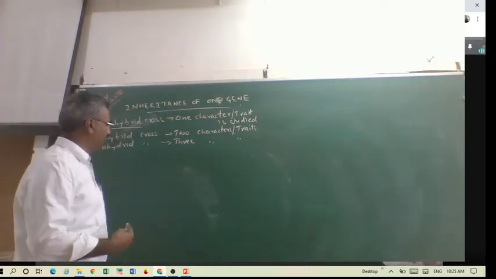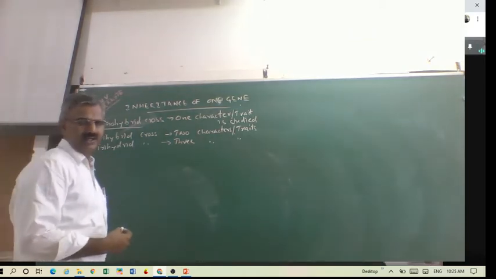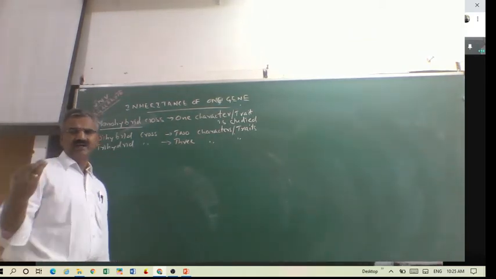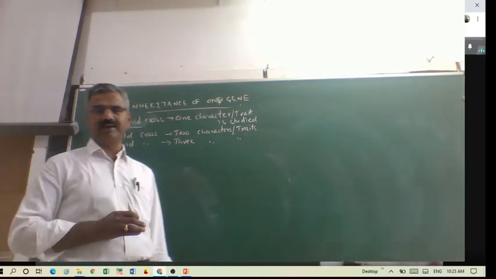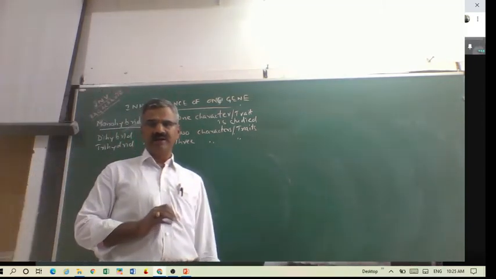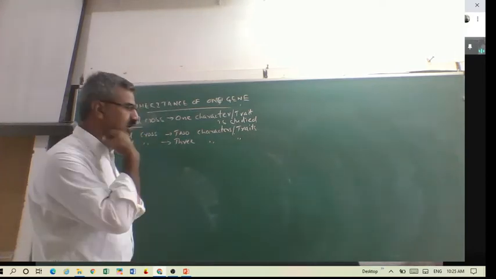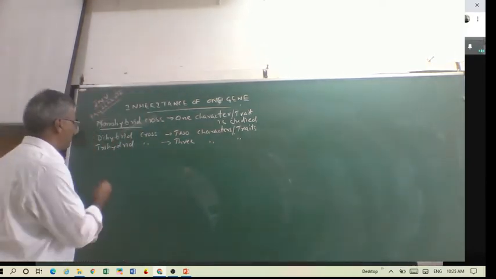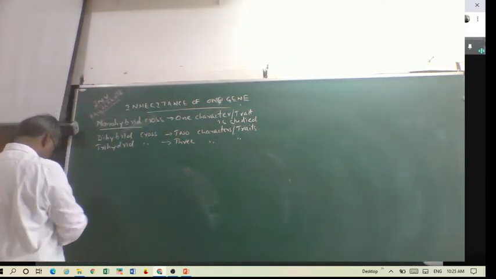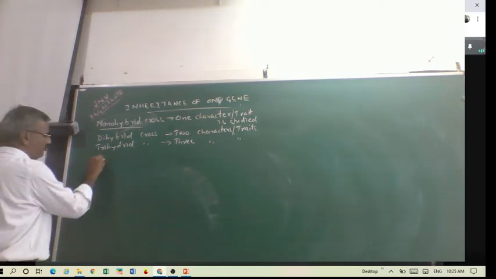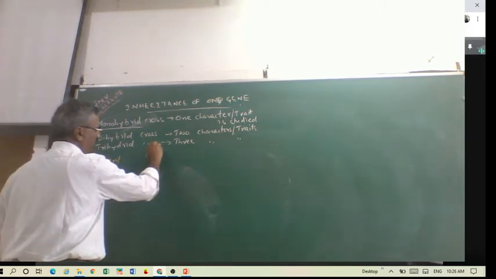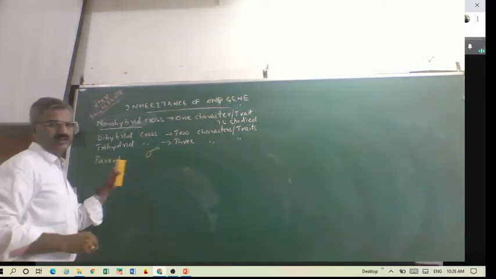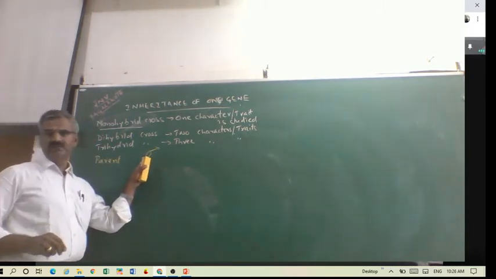In the last class, I made a mention about one of the traits. You can take any character among those seven pairs of contrasting traits which were studied by Mendel. We took the example of the parents here. We have seen the male parent. What is the symbol here?